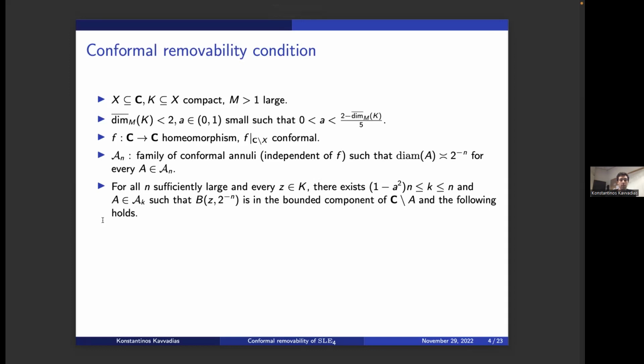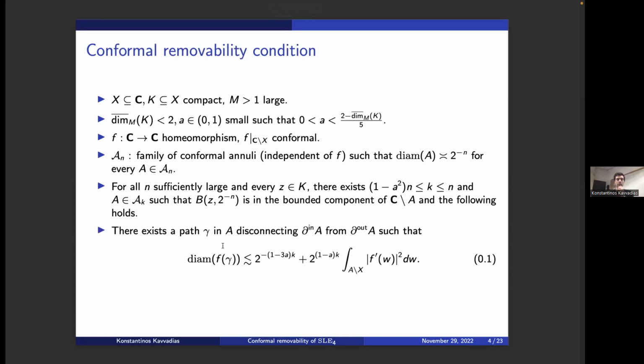And we also have one more condition. We can find a path gamma in the conformal annulus, which disconnects the inner from the outer boundary of the annulus, such that the diameter of the image of the path gamma under the function f is at most this number here, which depends on k and on f, of course.